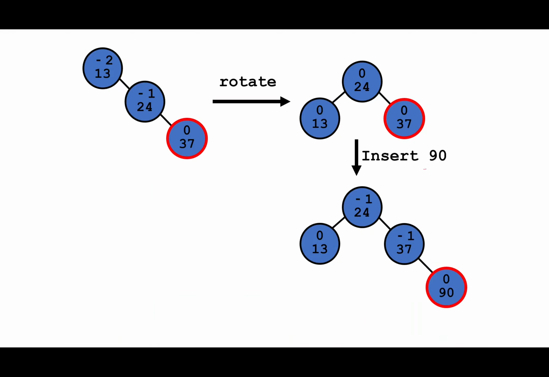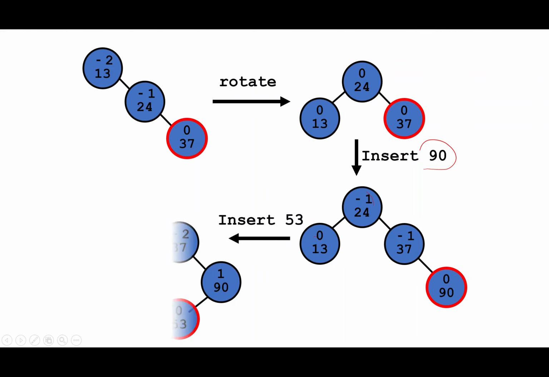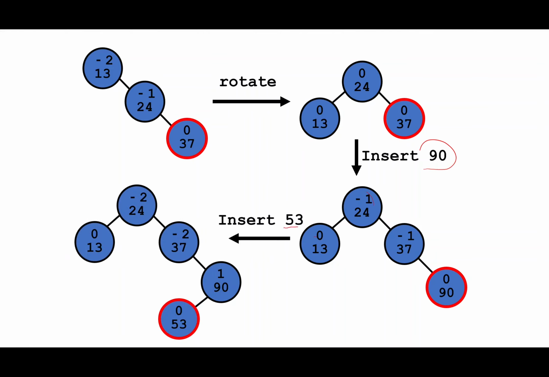Now we insert another number, 90. The balance factor becomes this. Insert 53. The tree becomes this. From the inserted node, we go upward to its ancestor nodes and find a node whose balance factor has an absolute value larger than 1.